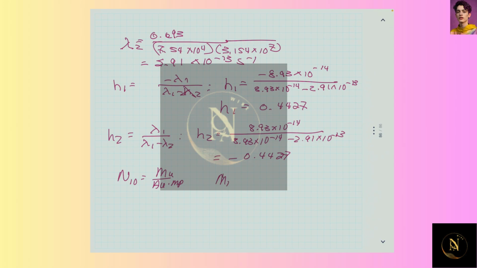So N10 will equal 0.0300 divided by 234 times 1.67 times 10 to the minus 27th. And that will equal 7.68 times 10 to the 22nd atoms.